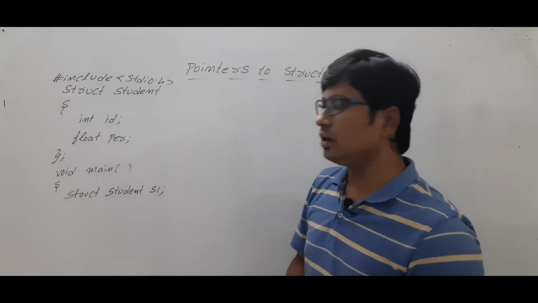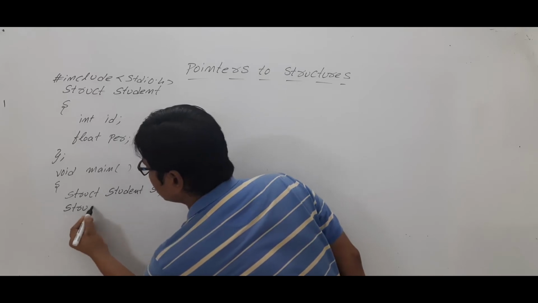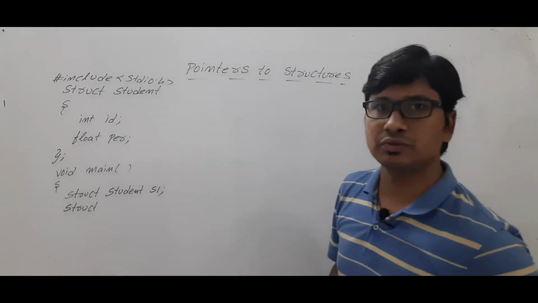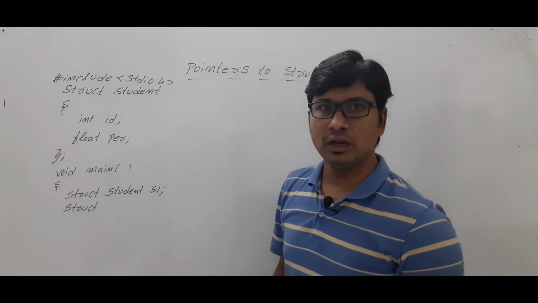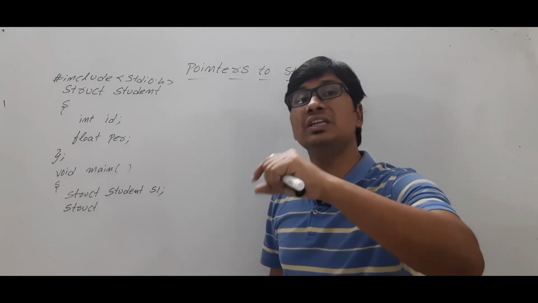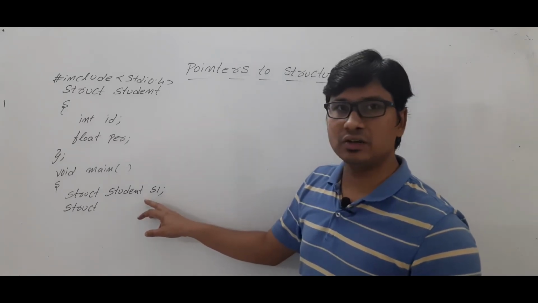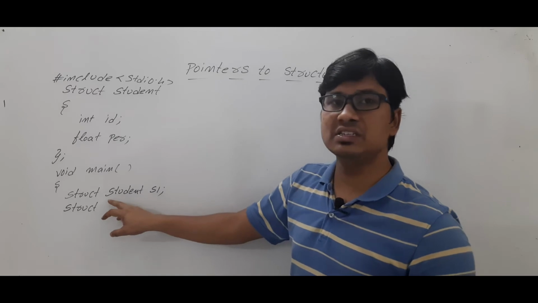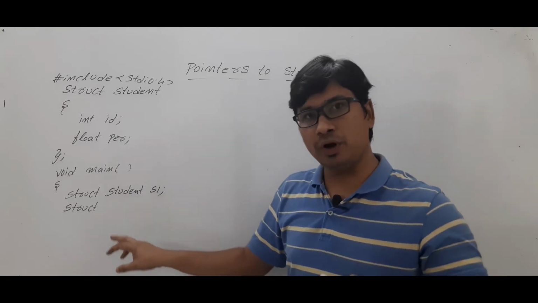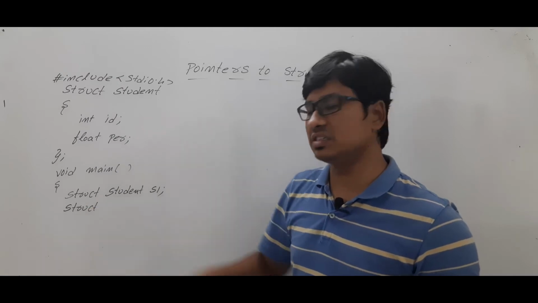Is it clear? Now I want to declare another pointer which can store the address of this variable s1. Now I said one point: if it is an integer pointer, it can store the address of an integer variable. So similarly, if I want to store the address of a variable s1 which is a struct student, then my pointer should also have the data type student which is a structure.